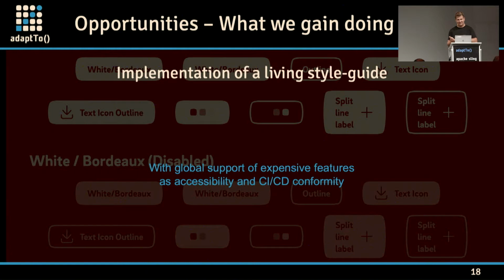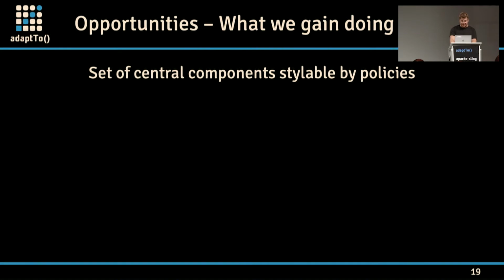Whenever there's a change in there, we can build new artifacts and pull the actual code out of it. We call it Bravo, our code name for the living style guide, and pull it into our actual project. We're still investigating how to get this done with HTML templates as well, but we're close to it.